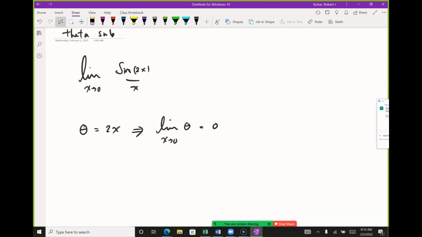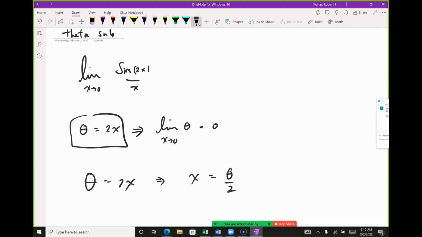What I can really do is solve for x. That's kind of a nice thing to do here, right? So if theta equals 2x, what does x equal? Theta over 2. Nice. So then I make my substitution.